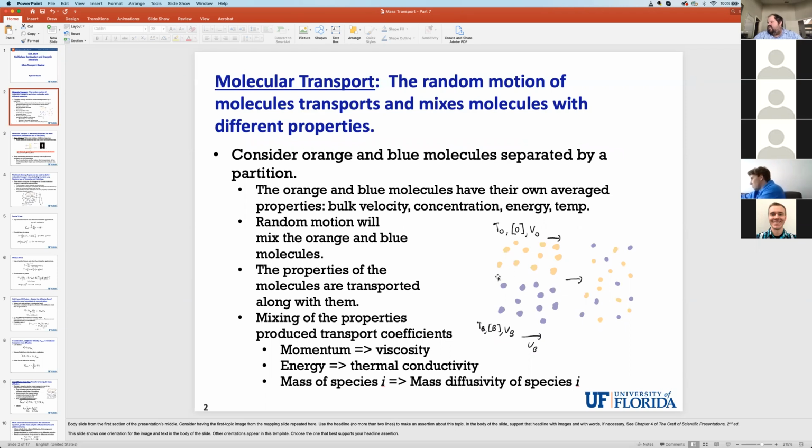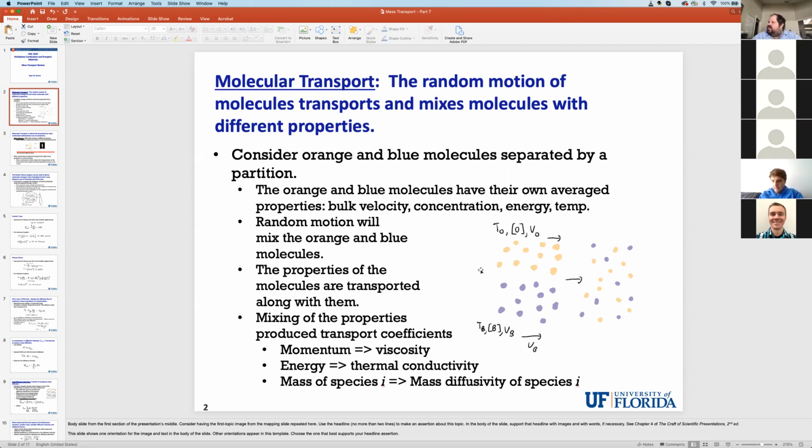You could say that they were separated by a partition. Then at time equal to 0, we let this partition go and observe what happens to these orange and blue molecules.